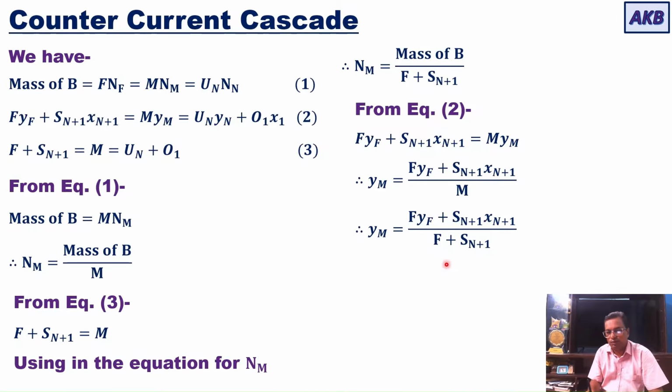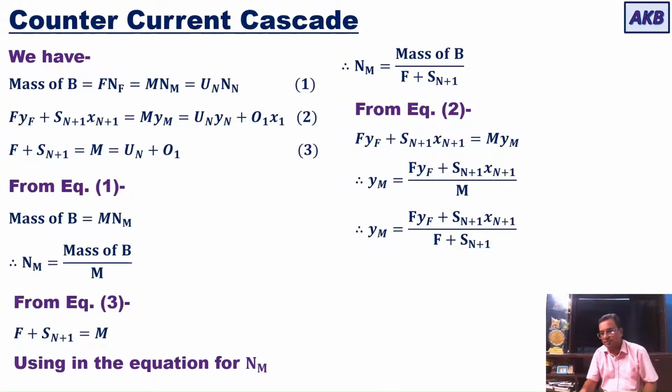Again, all the quantities on the right hand side will be known to you at the start, and then you can easily calculate the value of Ym, which will be required in further calculations. So at the end of this discussion, we now know how to find out NM and we know how to find out Ym.